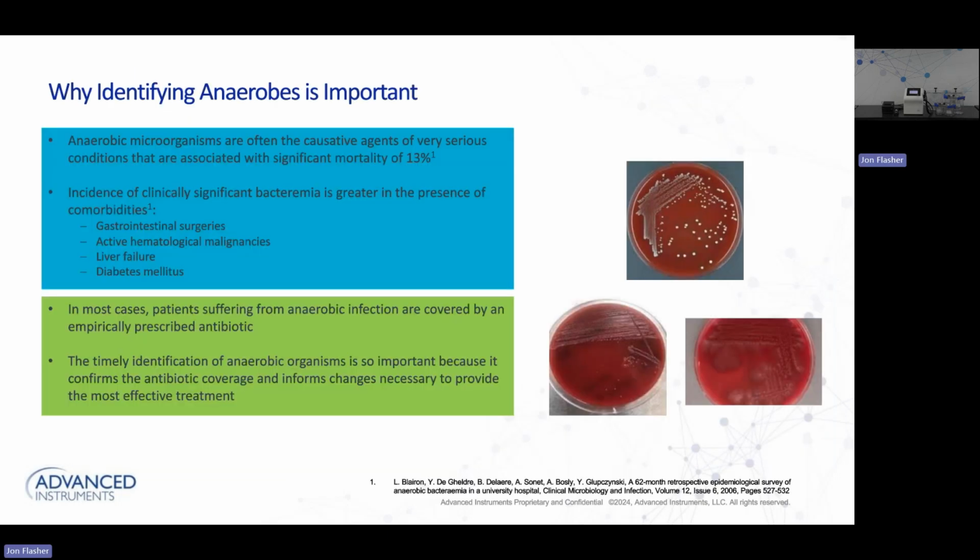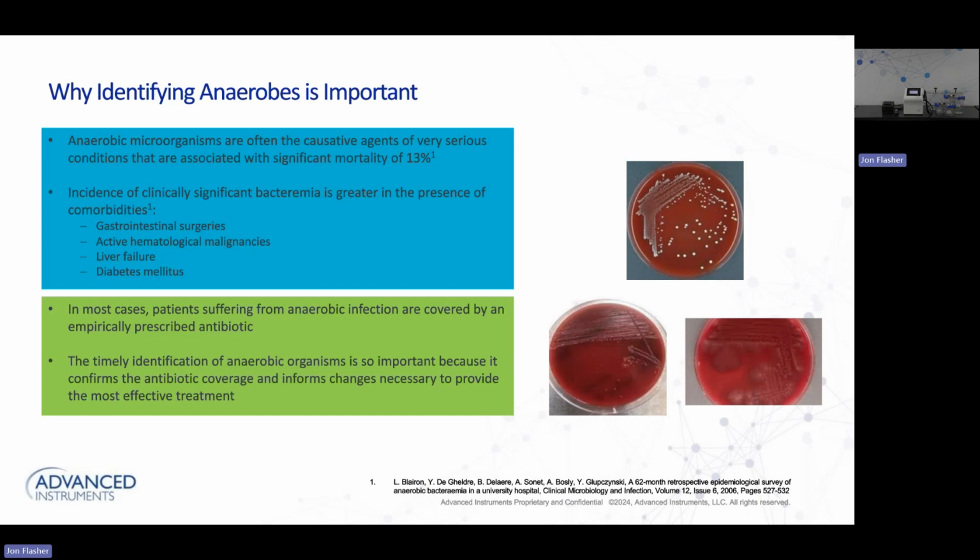Okay. So why do we identify these anaerobes? We know they can sometimes be very nasty and cause some pretty terrible ailments, but they're often the causative agents of very serious conditions associated with significant mortality, around 13% based on some research. The incidence of these clinically significant bacteria is greater in the presence of comorbidities.